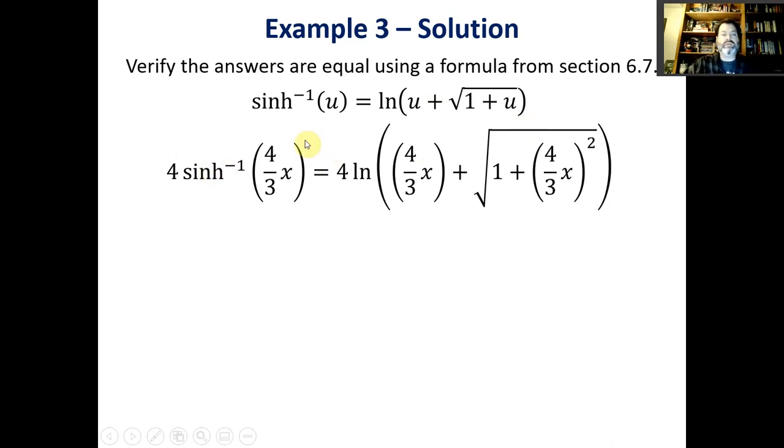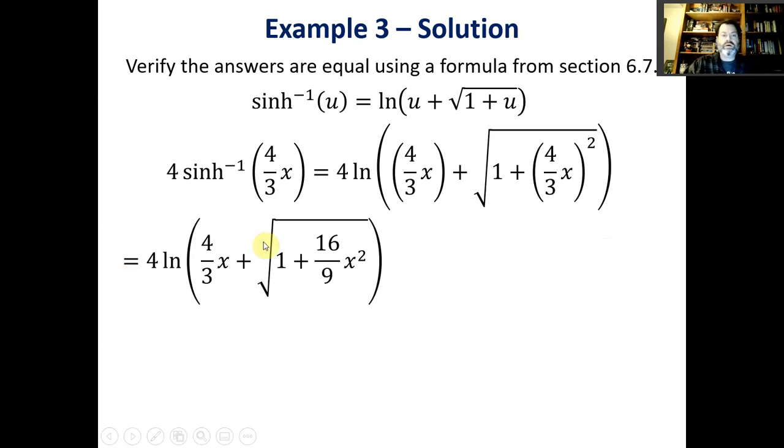All right, so let's take what Wolfram Alpha gave us and plug it into the formula. Right, there's a 4 out front, so it stays out front. This whole 4/3 x goes in everywhere I see a u. Then I'm going to simplify. All I did was I squared this whole quantity.